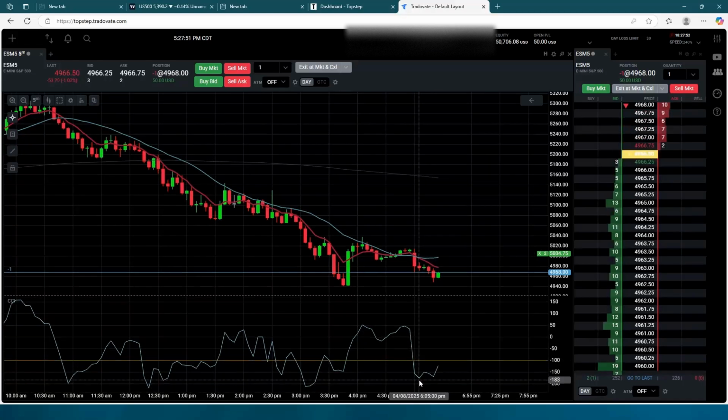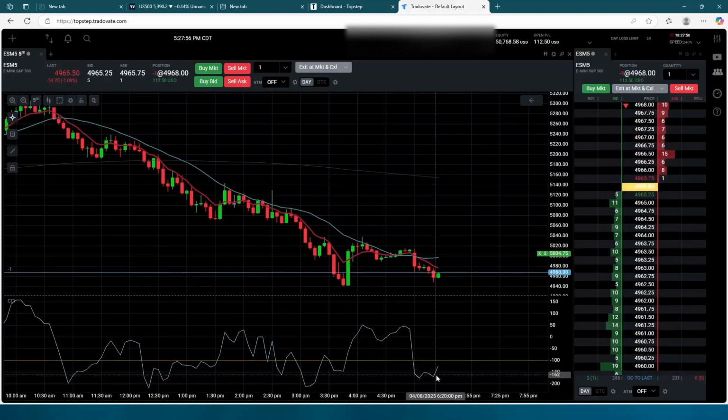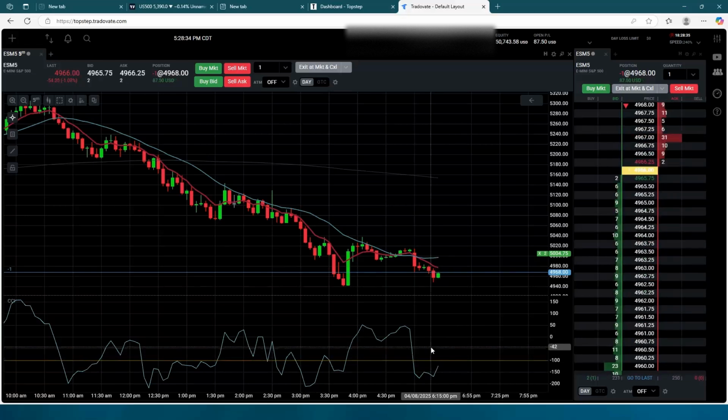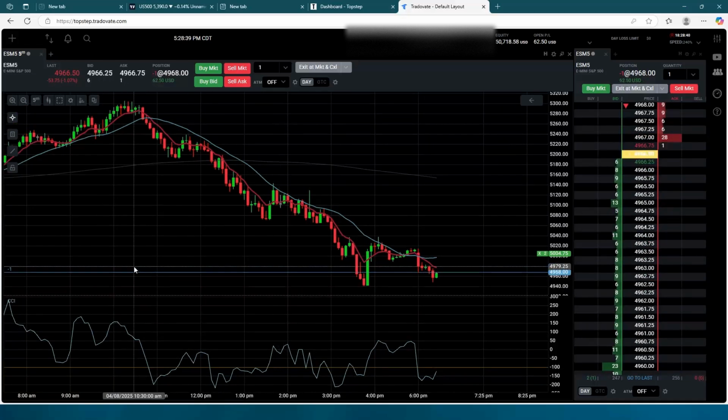Once we have a move above that negative 100 line, we can say that, okay, there is some bullish strength, right? But for the time being, we're in a negative position and the price is going down.